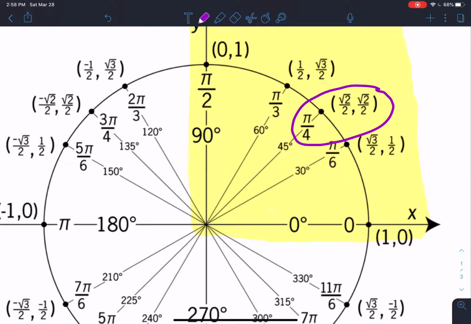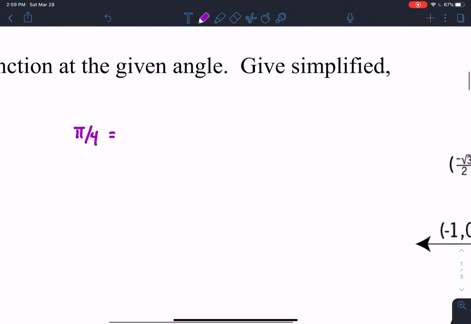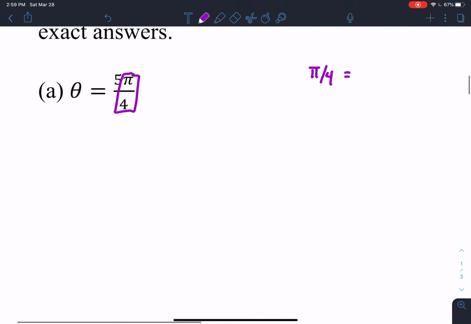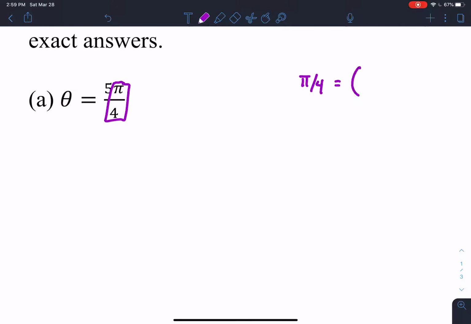Now when I'm using 5 pi over 4, I just have to figure out where on the circle it falls. Like where on the axis does it go?